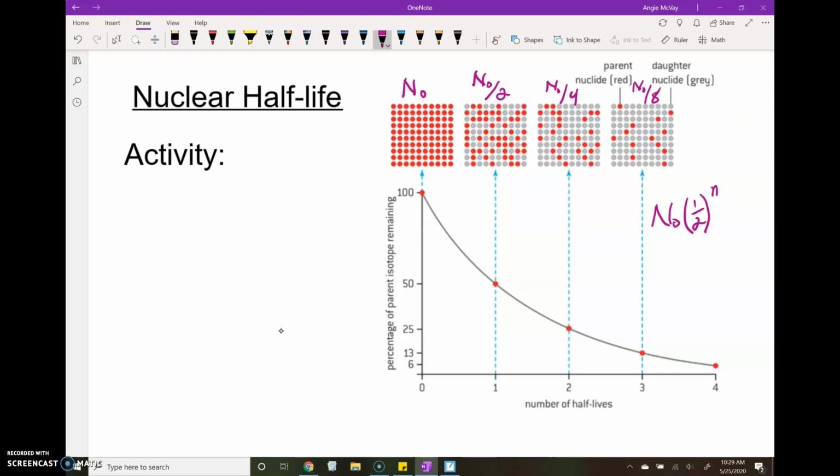One definition that I need to define before we move on is the nuclear activity. So nuclear activity is the number of nuclei decays per second.